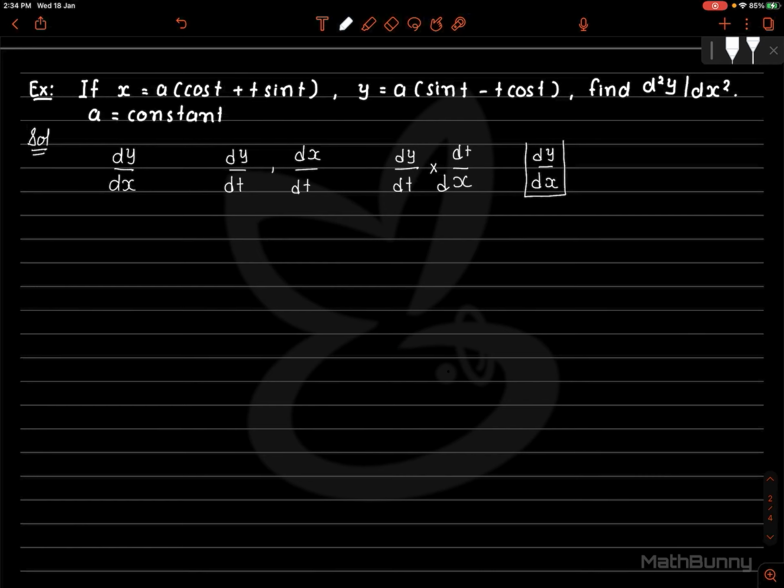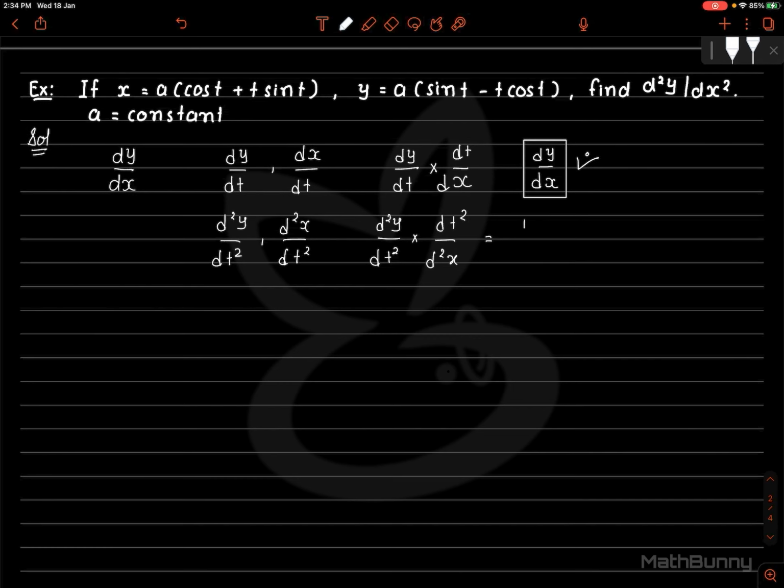But this method is only valid for finding dy upon dx. Say if we do d square y upon dt square and d square x upon dt square, and we multiply d square y upon dt square with the inverse of d square x upon dt square, it would be dt square upon d square x.